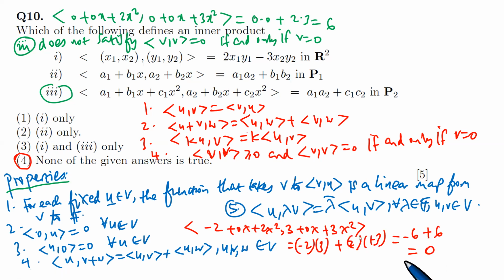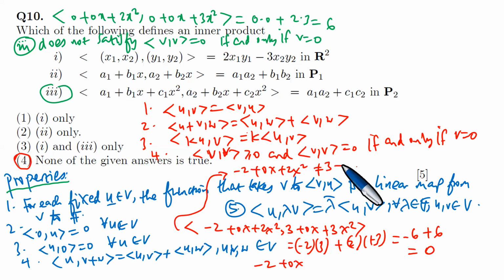Obviously, we've been able to just come up with examples here to show that condition 3 does not satisfy that. This is 0, yet it does not imply that any of these vectors is 0. So -2 plus 0x plus 2x squared is not the same as 3 plus 0x plus 3x squared.